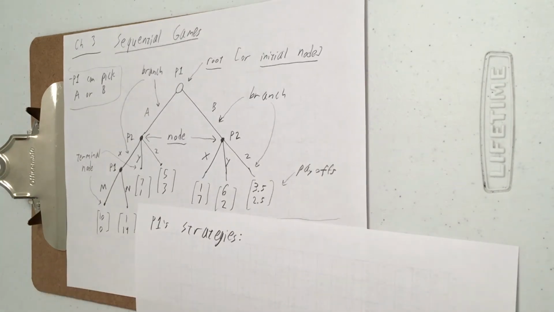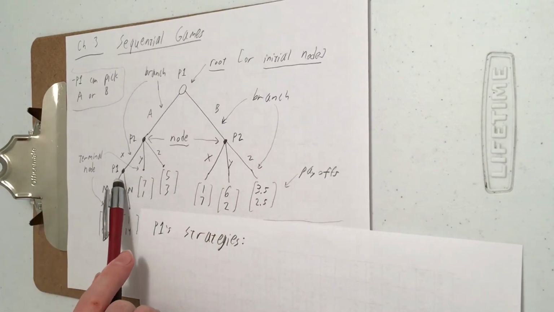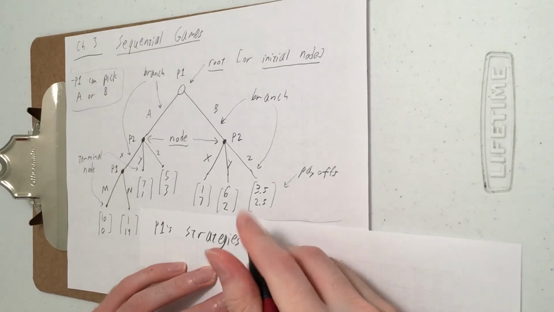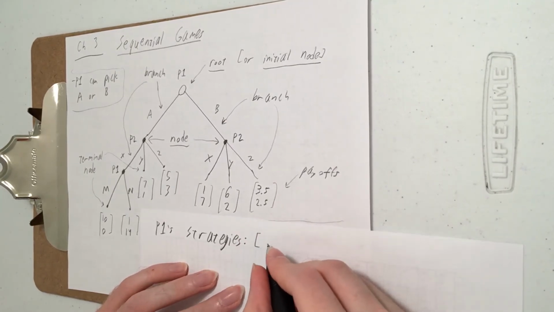All right, so player 1 has 2 nodes. They move over here, and they also make a move over there. So let's write that out.